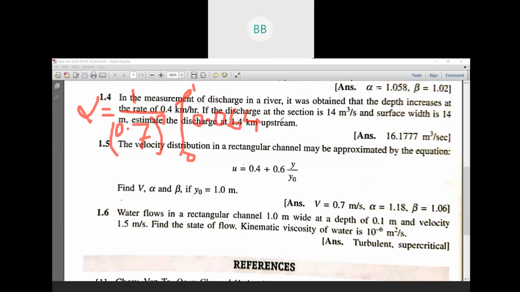Next we have b cube. B is our 0.6y. If you cube it, it will be 0.216 y cube. Then we have thrice a square b. If you do that one, you are going to get a result of 0.288y.